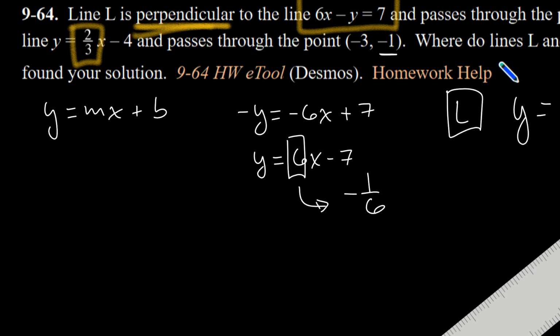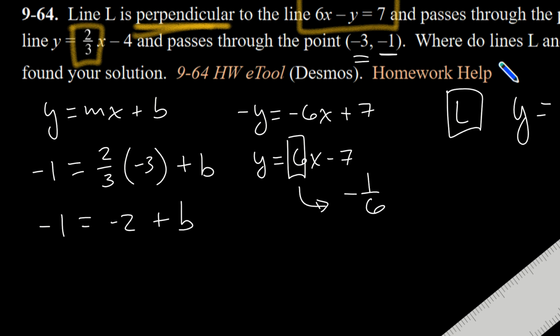Y from this point is negative 1, and that equals this slope 2/3 times x, which is negative 3, and then plus b. Okay, so let's simplify this. So negative 1 is negative 2 plus b. Because that's like negative 6 over 3, which is negative 2. Add 2 to both sides, I get that 1 is b, so my y-intercept is 1.